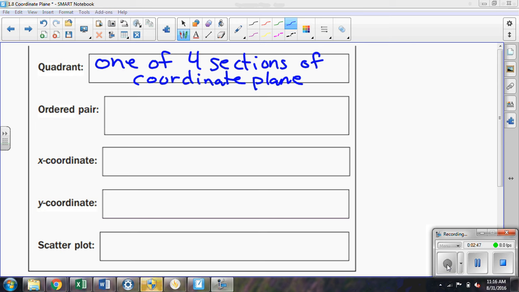An ordered pair is a location in the plane. The notation we use to record that location is x followed by y.